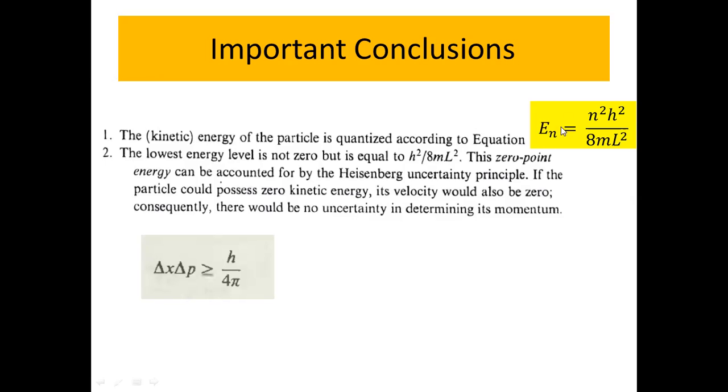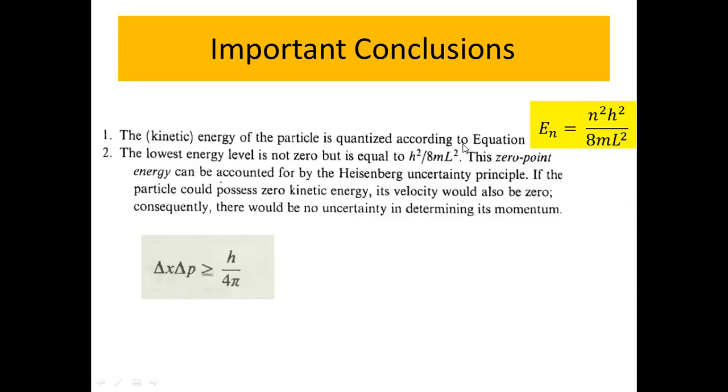Separately, we will also derive this equation, and later on we will calculate the kinetic energy by using it. And the difference in the kinetic energy between any of the energy levels, from energy level 1 to 2 and so on, depends only on n, the energy level, and the rest of the parameters are constants.